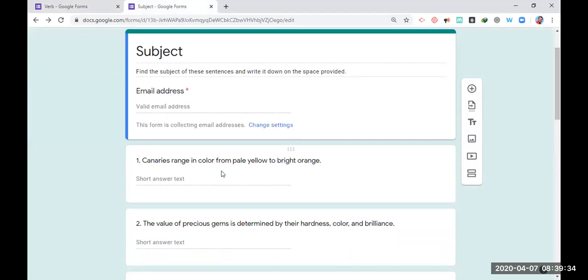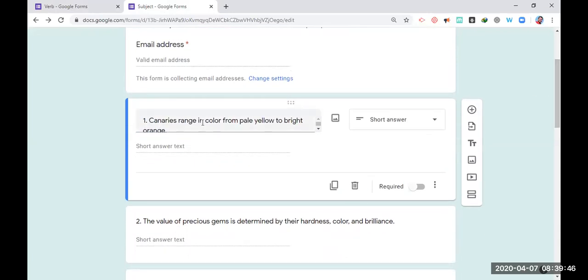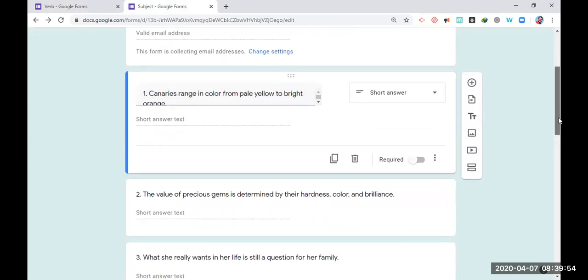Like this, "canaries." As you can see, the real answer is actually this one, canaries, right? Because the phrase has the verb, so the subject is the word that comes before the verb. So this is canaries. How about this?